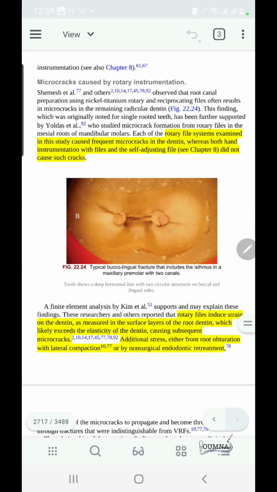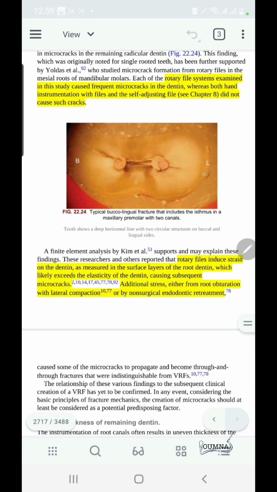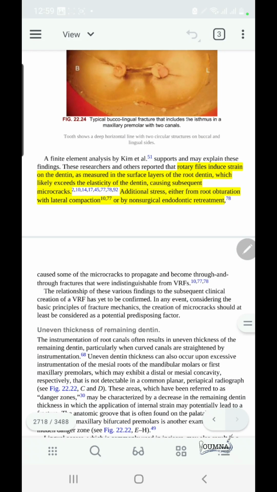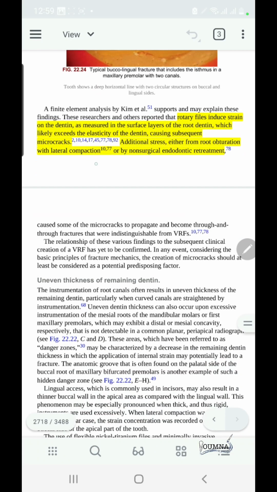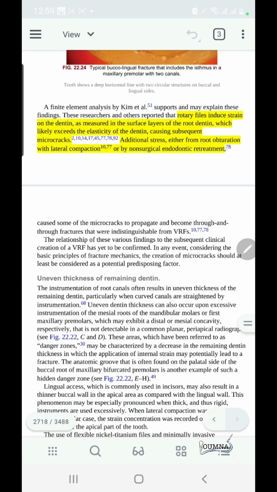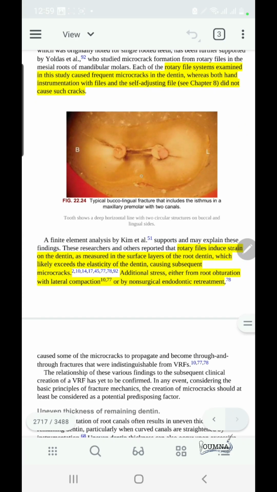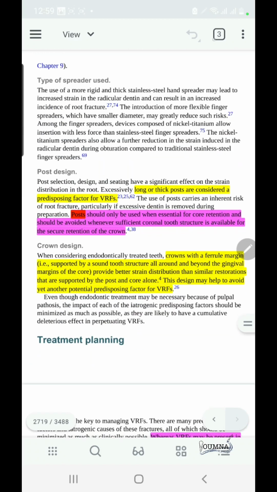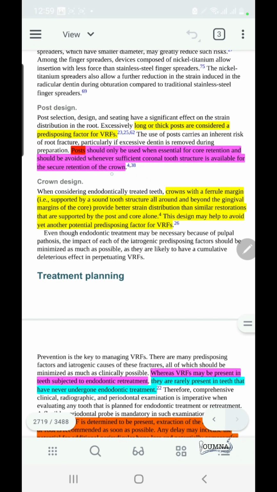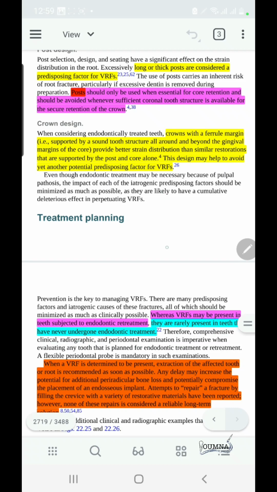Also, using rotary files enhances the chance of getting micro cracks in the dentin, but manual files do not do this. Also, root obturation with lateral compaction and non-surgical endodontic retreatment increase the possibility of getting these cracks. We should avoid using root posts as much as possible because it weakens the tooth.